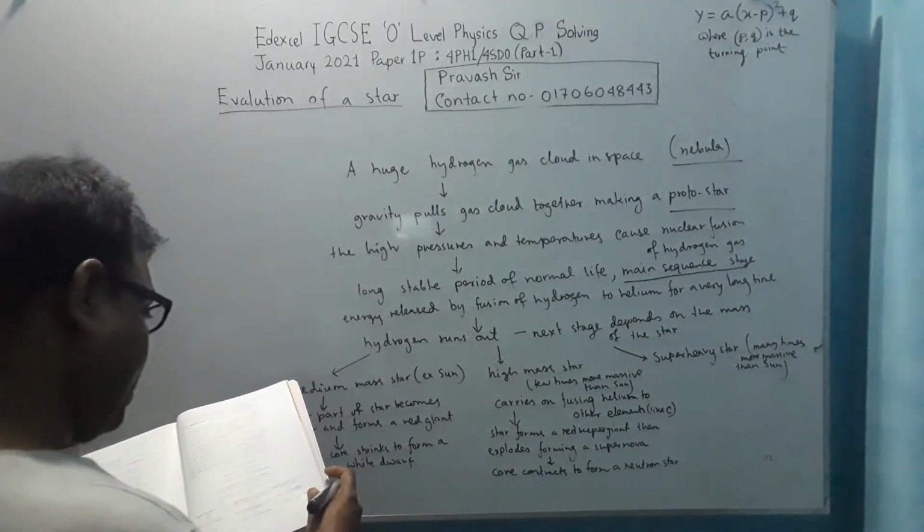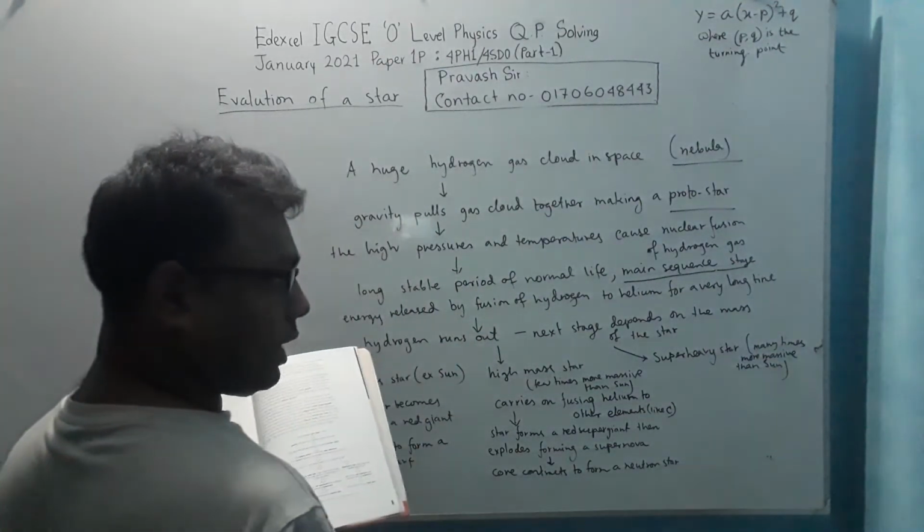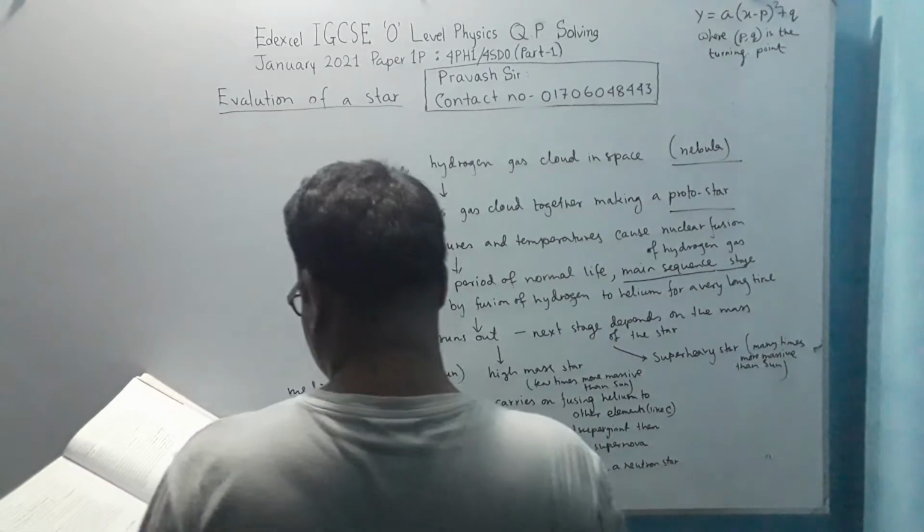Now this is the super heavy star, which is many times more massive than our Sun. So what happens?